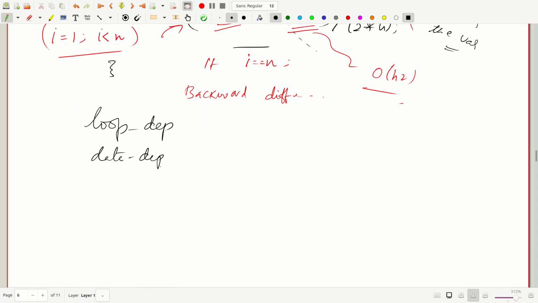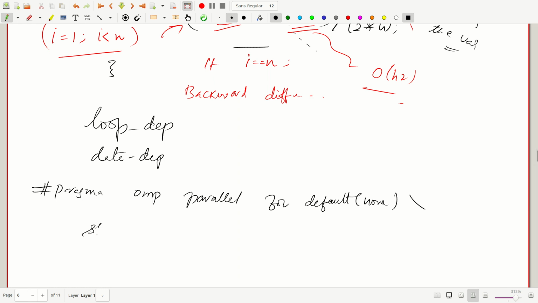That means we can write this as hash pragma OMP parallel for, we could say default none, and then say shared variables are your f and df dx, and of course the size, that is basically your n, and then your private variables are your i.